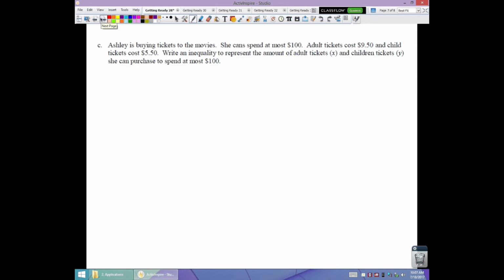Ashley's buying tickets to the movies. She can spend at most $100. Adult tickets are $9.50. Child tickets are $5.50. An inequality represents the amount of adult tickets, X, and children tickets, Y, she can purchase.